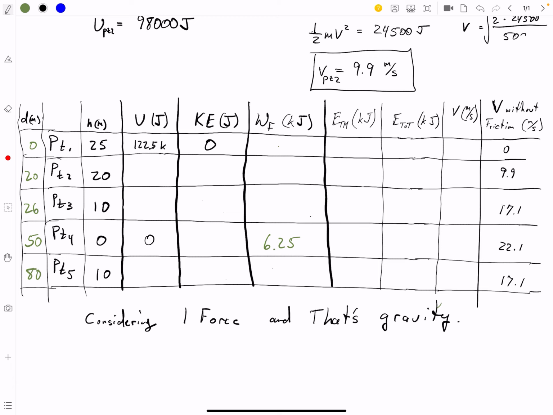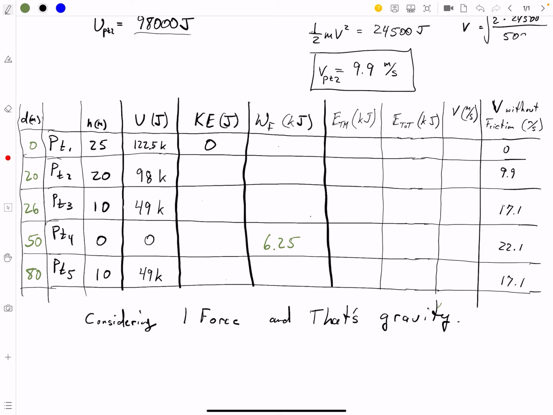Oh, U at point 2, there it is, right there. 98K, 49K. Okay, because those don't change. Those are going to stay the same.